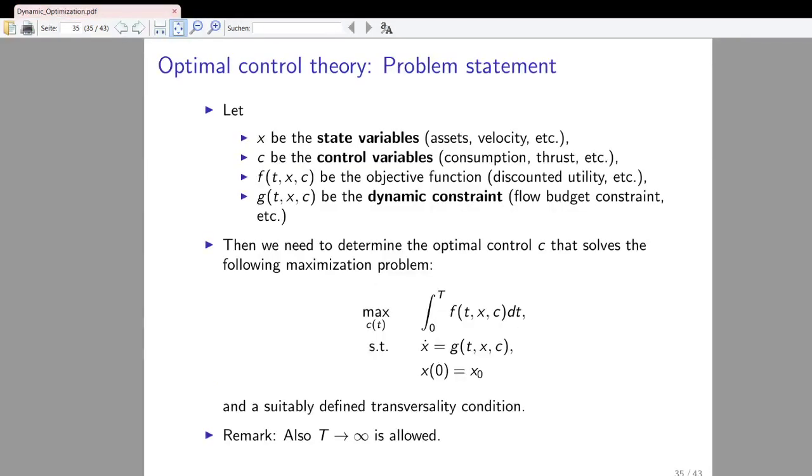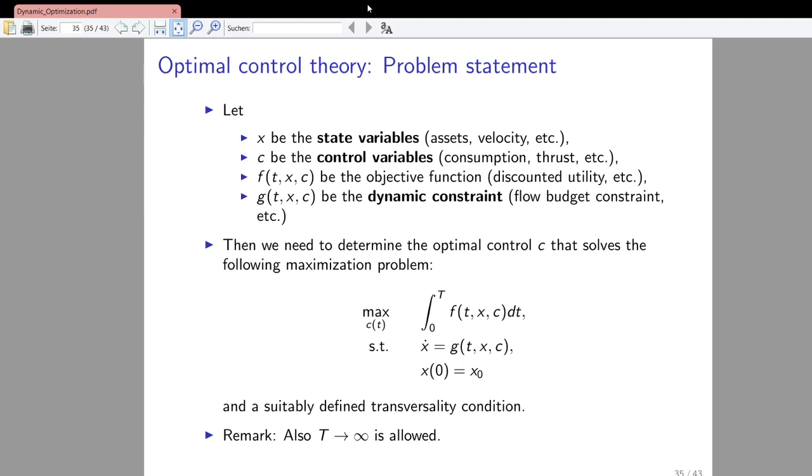So first we state the problem in general terms without a specific reference to an economic application, but later on we will use the framework to solve for a standard consumption-savings problem. So now we let again denote x the state variables, which would be, in case of this example of a rocket, the velocity of the rocket, or in case of a consumption-savings problem, assets of the household.